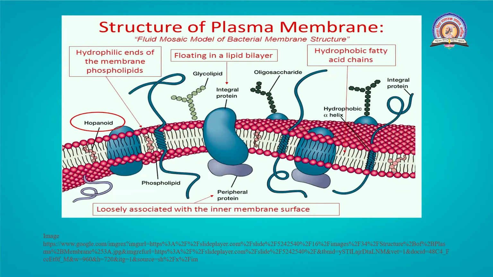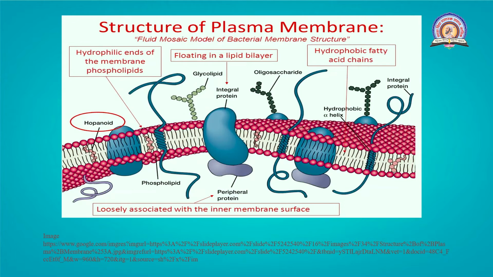Okay, apart from the lipid bilayer, the cytoplasmic membrane also possesses various types of arrangement. It includes glycolipids, oligosaccharides, and peripheral proteins, which are responsible for different functions. It also possesses hopanoids, and hopanoids help the cell maintain proper permeability.